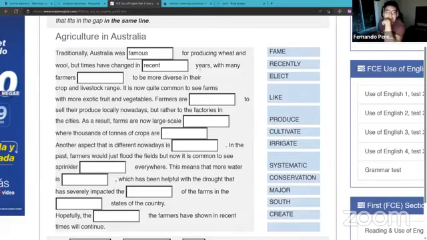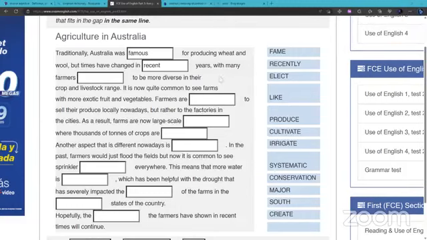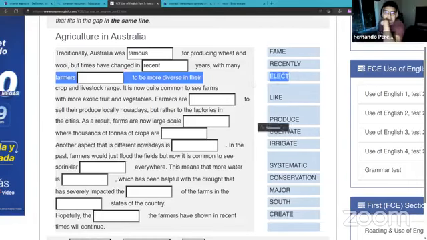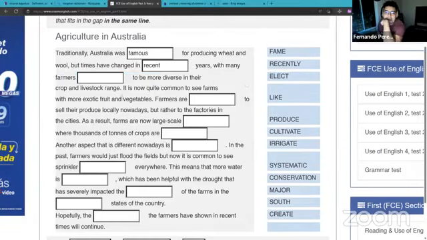Okay, we need to understand. With many farmers, space to be more diverse in their crops and livestock range. And we need to use the word elect. With many farmers. Oh, wait. Silvana is correct.